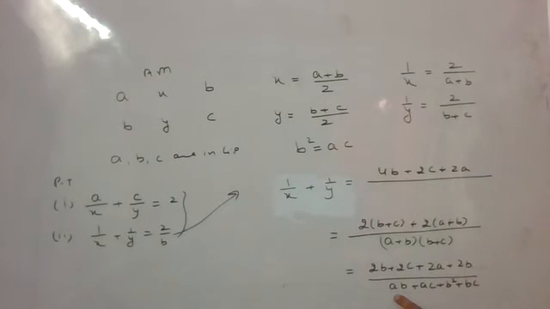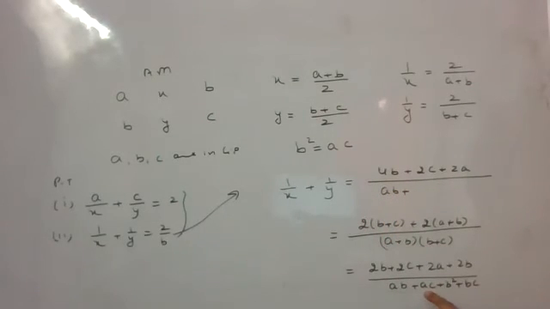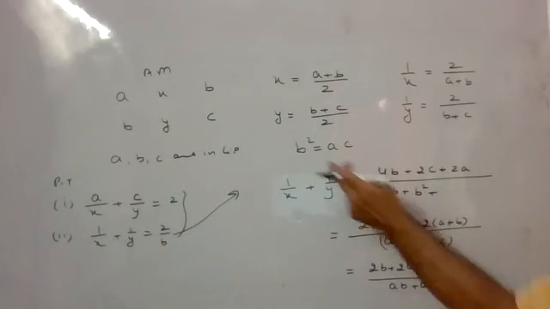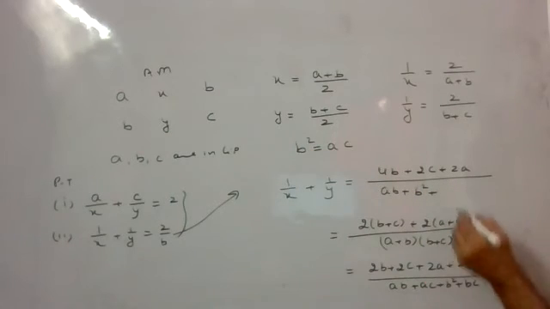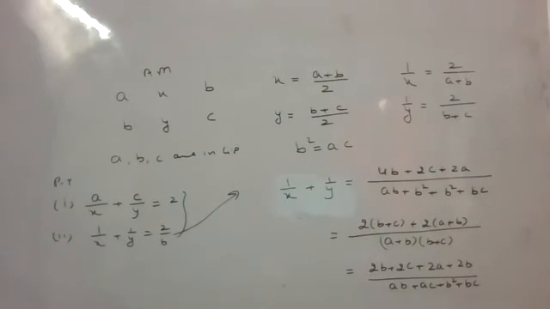And here it is AB. AC is B square, so write AC as B square. Then we take B common in all of this, so we will write B square plus B square and then plus BC.